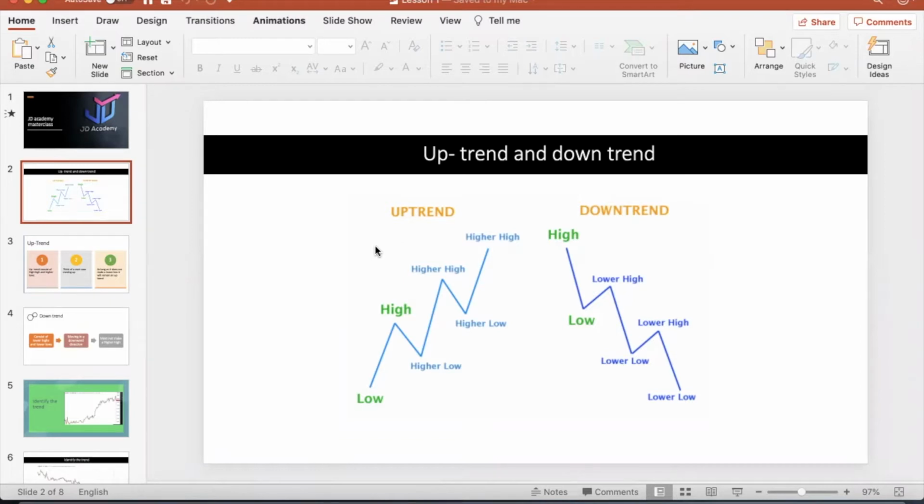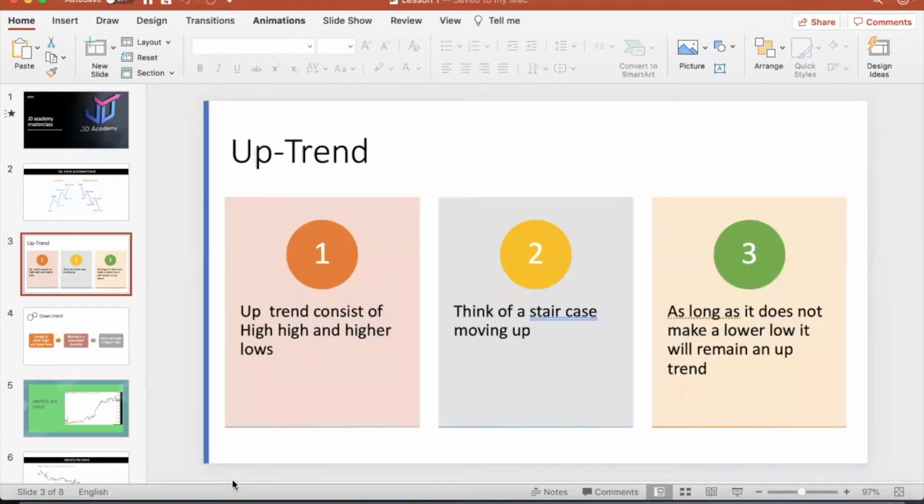An uptrend consists of higher highs and higher lows. I like to think of it as a staircase going up. That's what you have to memorize. All right, so higher highs and higher lows.